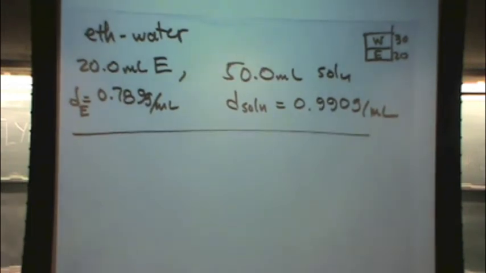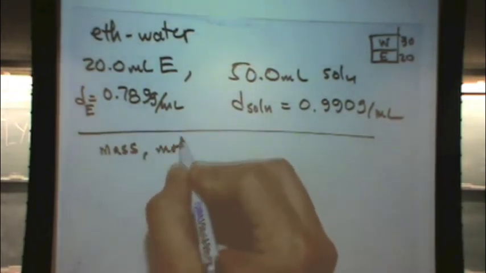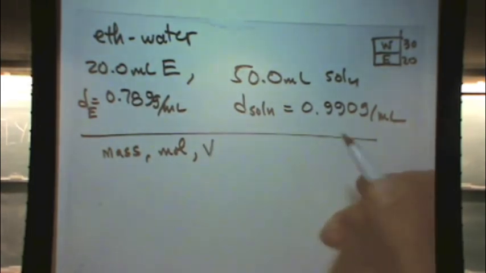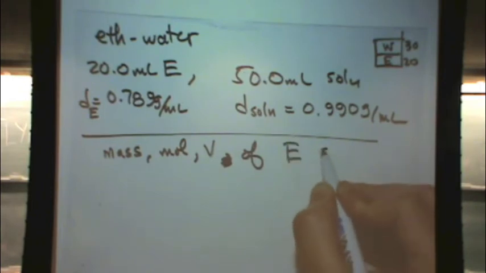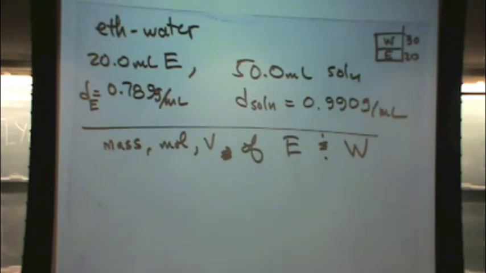So I want things like molarity, molality, mole fraction, volume percent. To do that, I will need the mass, I'll need the moles, and depending on what they're asking me, I might also need the volume of ethanol, E, and I'll just put W, water. So I need the mass, moles, and volume of both of those, really.